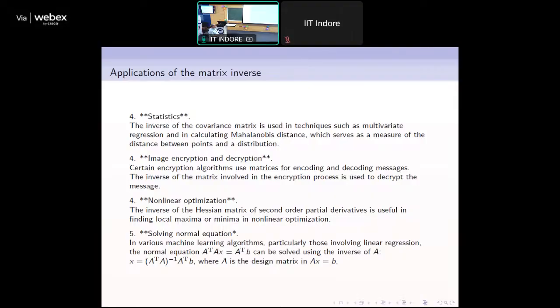Then application in solving normal equations. How to describe normal equation? We want to solve a linear system AX equal B. This system can be consistent and can be inconsistent. If this system is inconsistent, we have no solution.